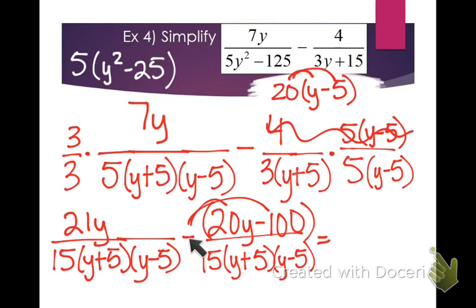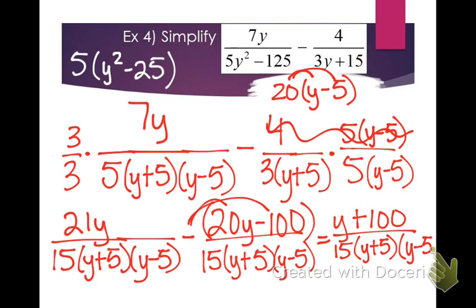So 21y minus 20y would be what? 1y. And Jacob already said the 100 has to turn positive. And of course our denominator is staying the same. Nothing's going to cancel out. So that is the answer.